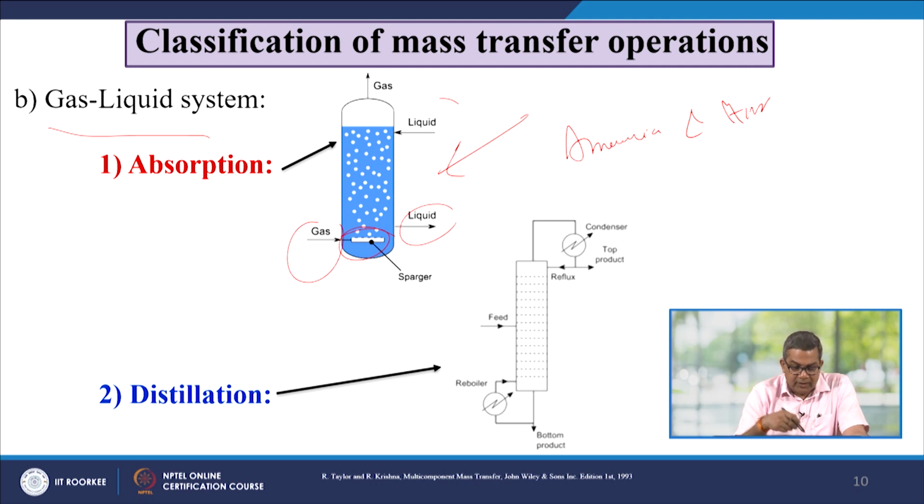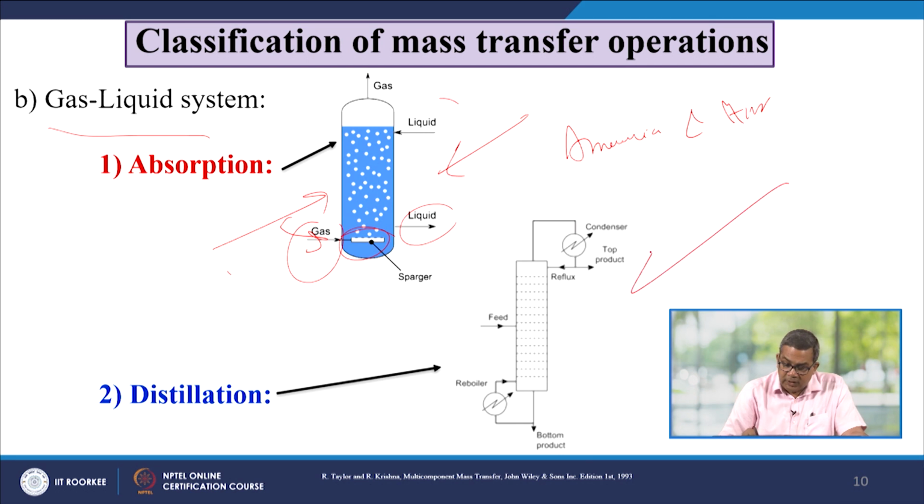Ammonia will dissolve in water and form ammonium hydroxide, and air does not dissolve in the liquid. So in this case, there is an interface between the gas and liquid, and one component of the gas phase preferentially dissolves in the liquid phase from the solution, and this is known as the absorption process.